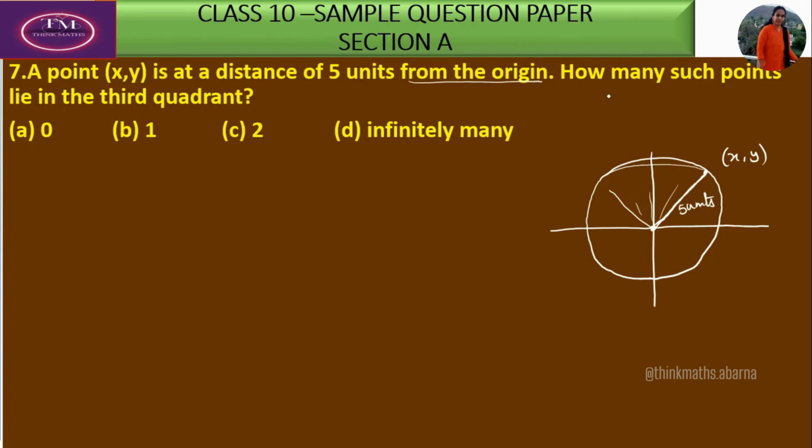Here, how many such points lie in the third quadrant? This is the first quadrant, second quadrant, third quadrant, and this is the fourth quadrant. From the origin to the circumference, we have so many lines. So there will be infinitely many points in the third quadrant. Okay, children, I hope you can understand this problem 7. So moving on to the next problem.